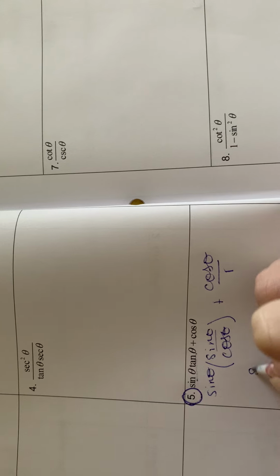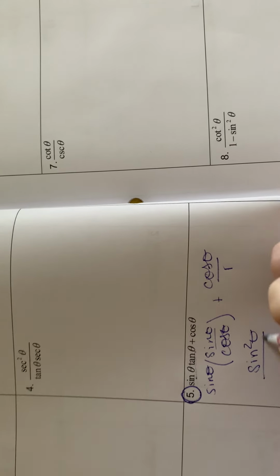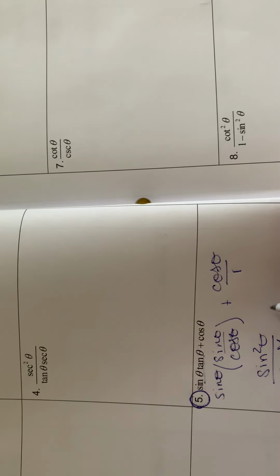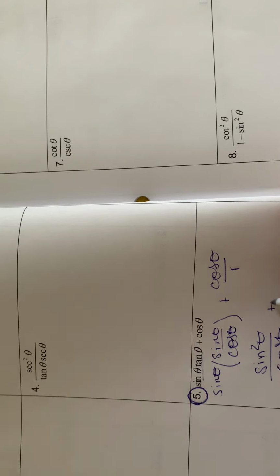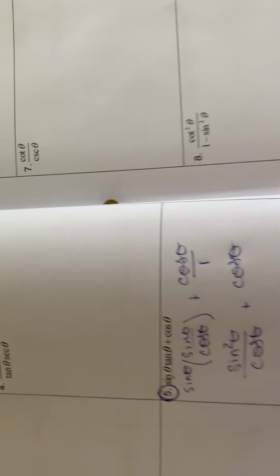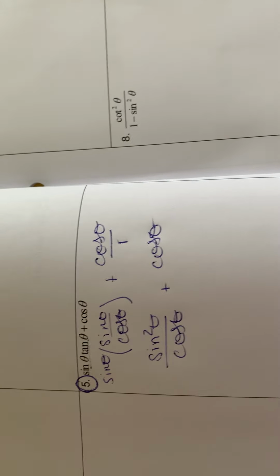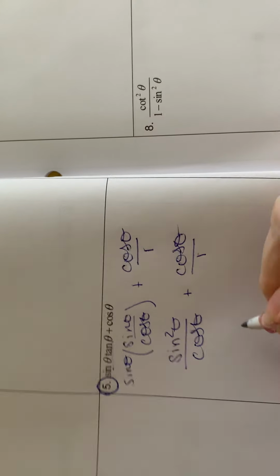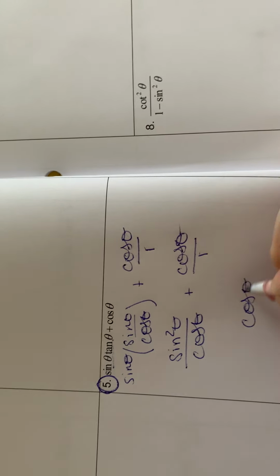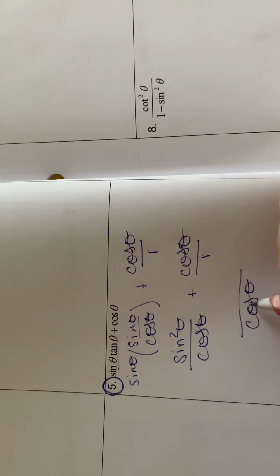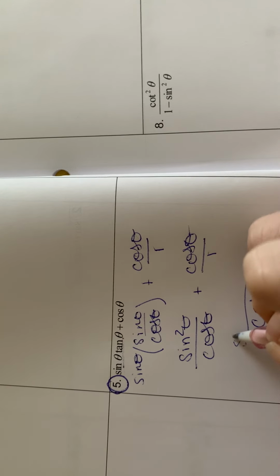All right, so right now I have sine squared theta over cos theta plus cos theta, and I have to add fractions. To add fractions, I need a common denominator. The only thing in the common denominator is cos. So this one stays the same.